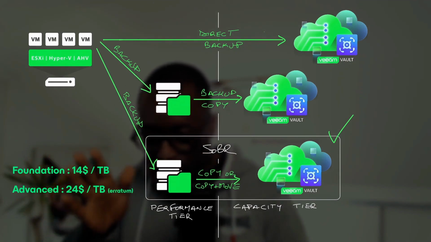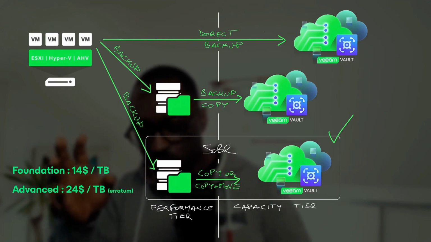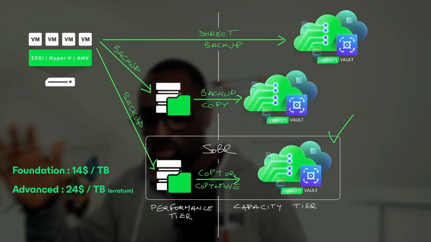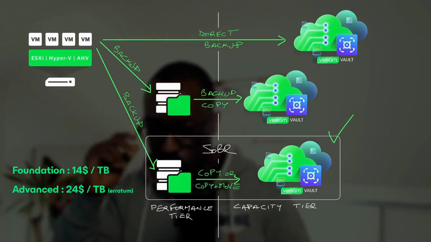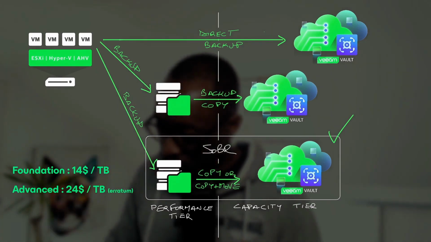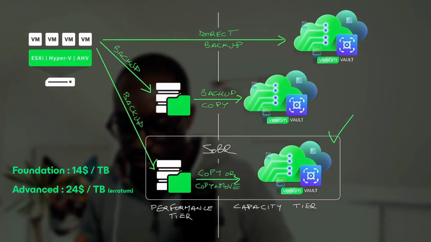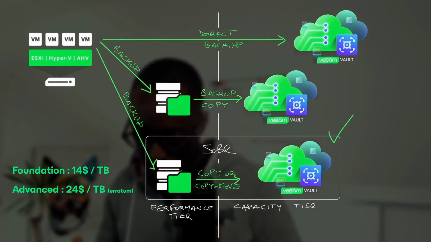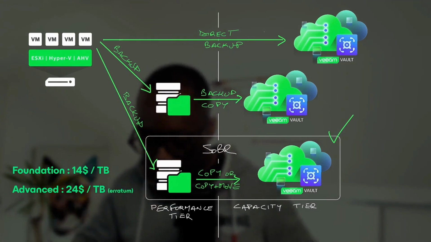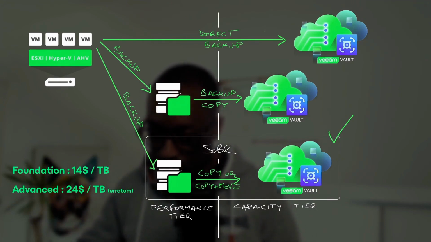There is another small difference regarding durability, because with the Foundation edition, it's mostly LRS, local redundancy system, whereas with the Advanced edition, it's more ZRS, which means much more attractive redundancy. LRS and ZRS are concepts of high availability offered on the Azure side. I'll close that parenthesis. If you need more details about these offerings, you can visit our website. But beyond these differences, there aren't any others.